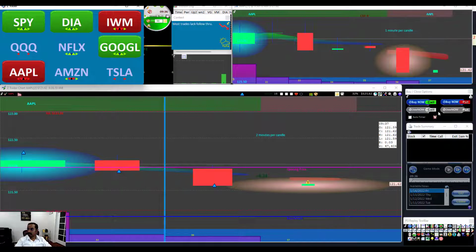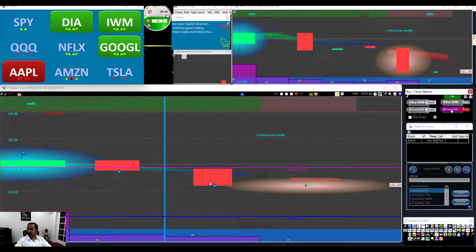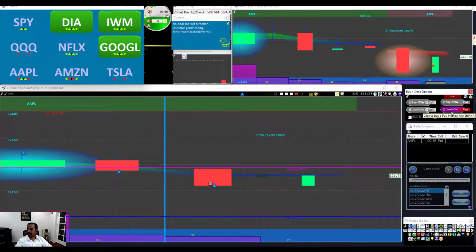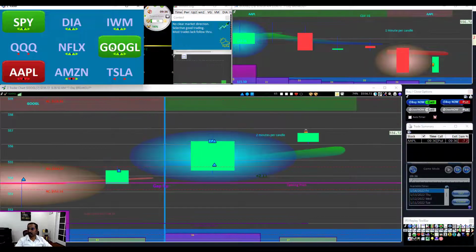Now I can see, say I will buy a put here, and I'll wait for like 10 seconds, and I'll see how it performs, and then I'll sell it, so that I can practice my trade accordingly. Say minus 7%, okay, that's fine.